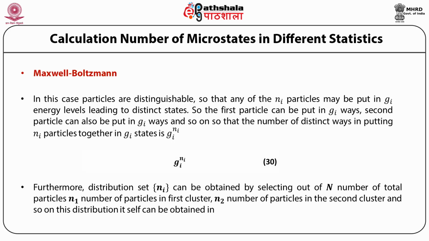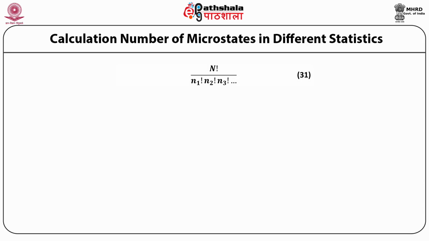Furthermore, the distribution set Ni can be obtained by selecting, out of n total particles, n1 particles in the first cluster, n2 particles in the second cluster, and so on. This distribution itself can be obtained in n factorial over n1 factorial multiplied by n2 factorial multiplied by n3 factorial, and so on.